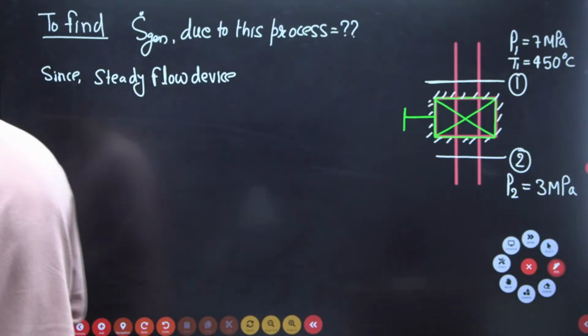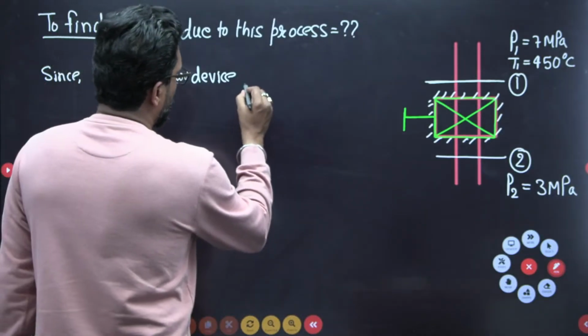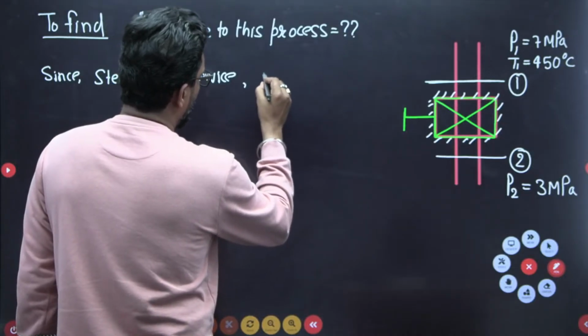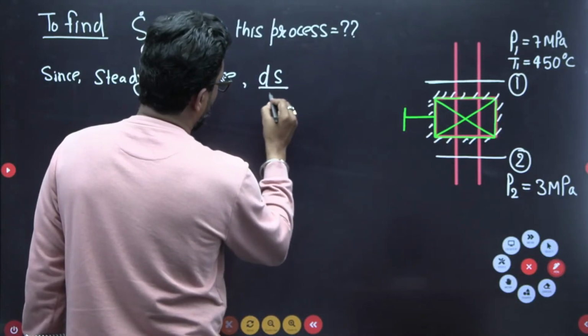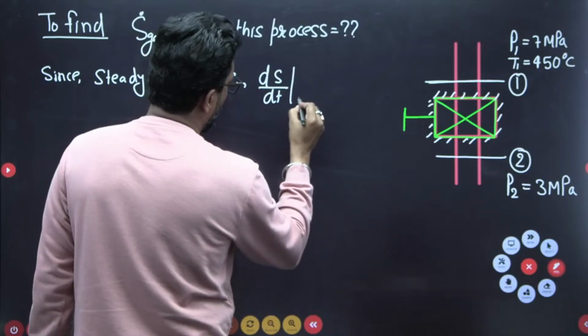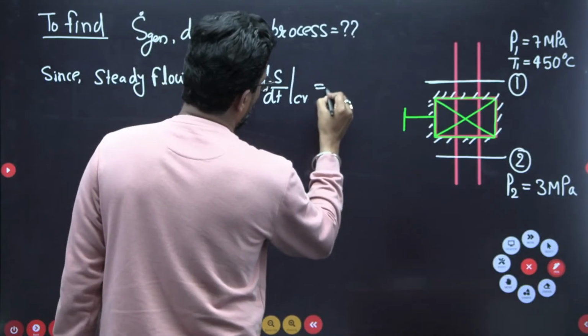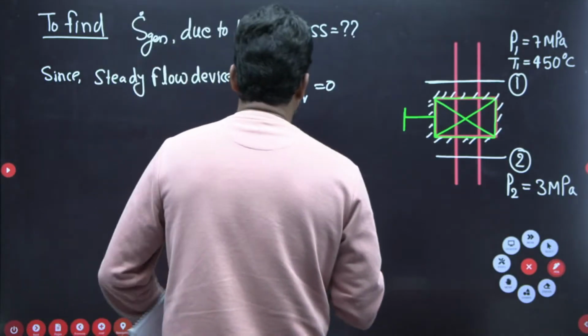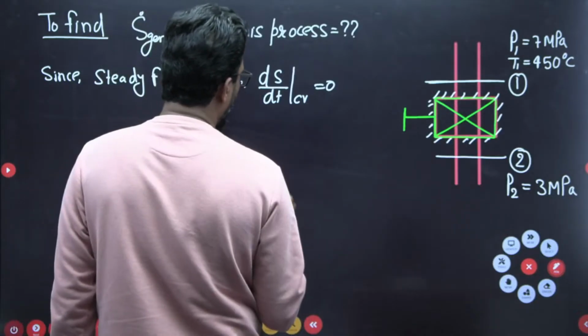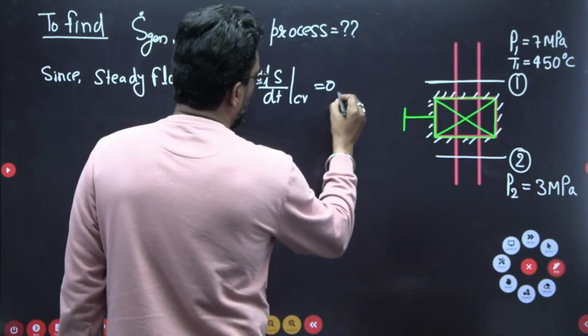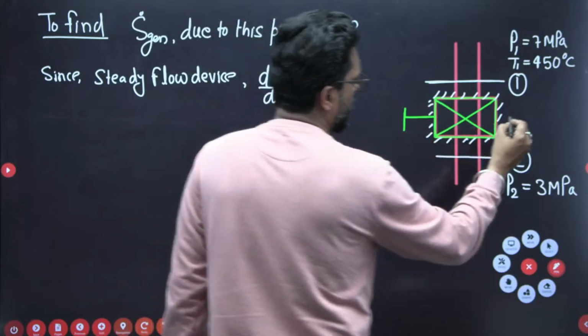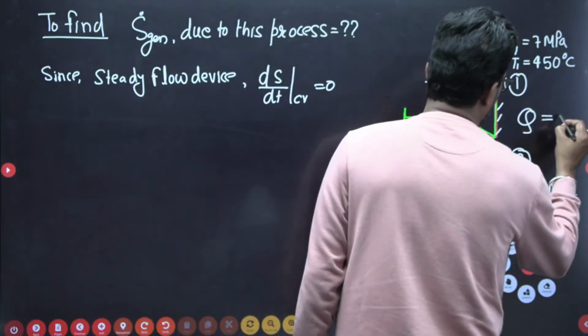So if there is a steady flow device, that means dS/dt of the control volume is equal to 0. There is no property change. Now the heat transfer is also 0.